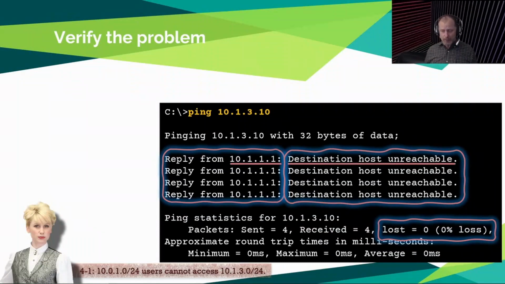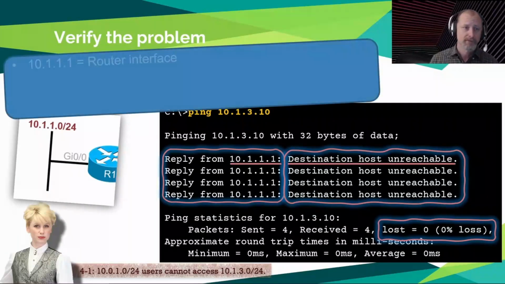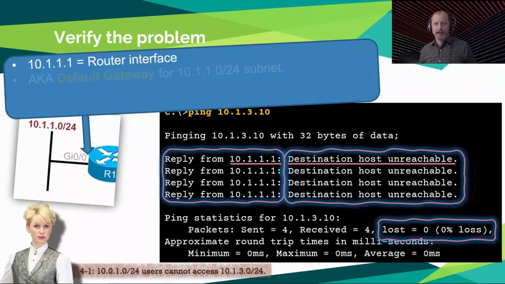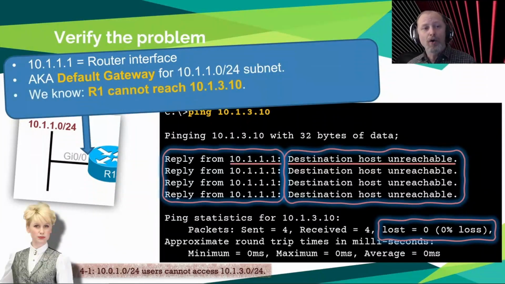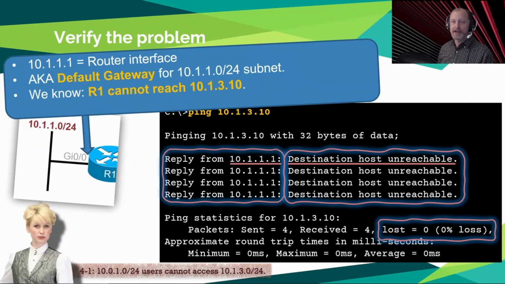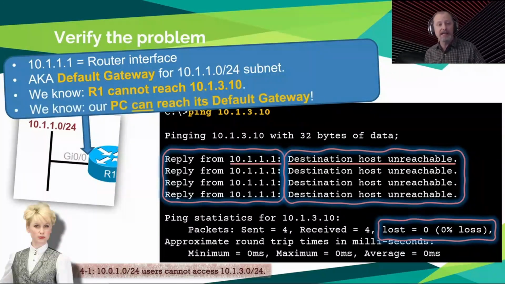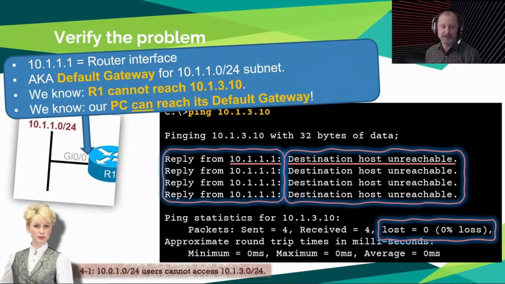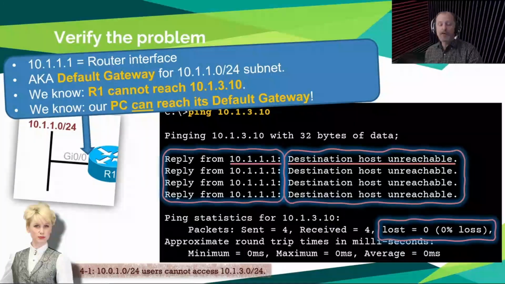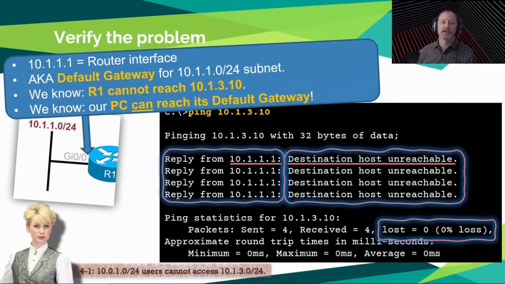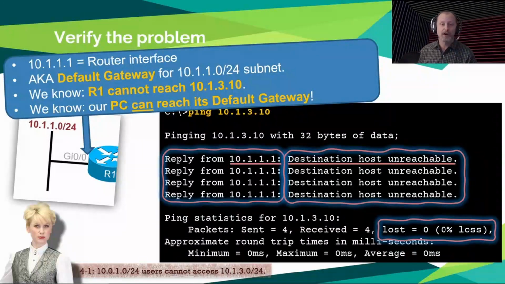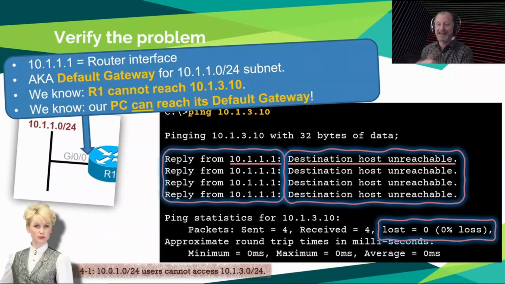So who's 10.1.1.1? It's our default gateway, which means we know that R1 cannot reach that subnet, but we also know that our PC can reach its default gateway. So even though the ping didn't work, it told us some information. It told us we can reach our default gateway, but that the default gateway cannot reach that subnet.